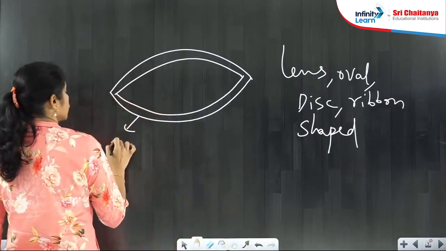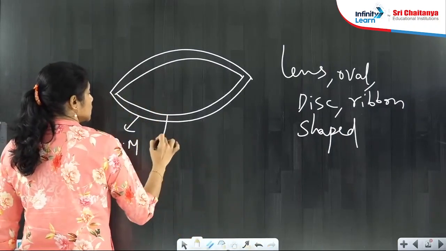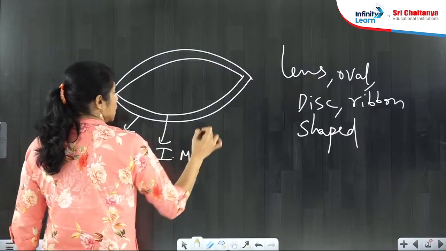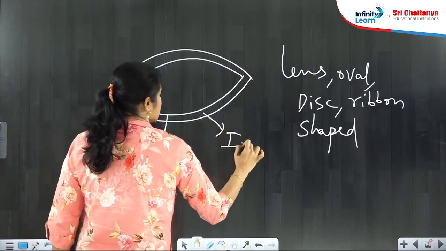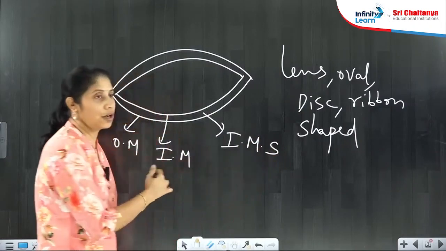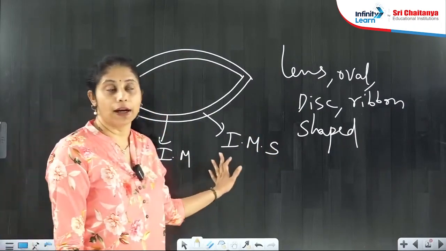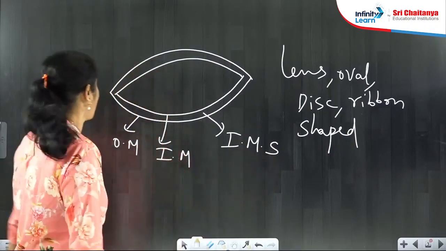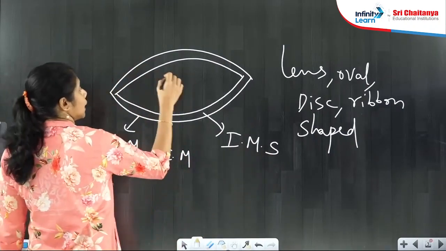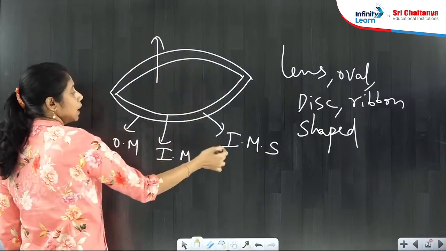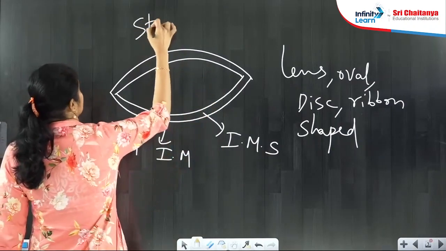This is the outer membrane, this is the inner membrane, and this is the intermembrane space. Already I have given you the names there, so I am using the shortcuts. Outer membrane, inner membrane, intermembrane space. And this entire area inside the inner membrane is the stroma.